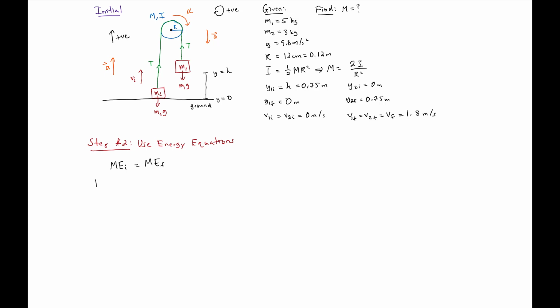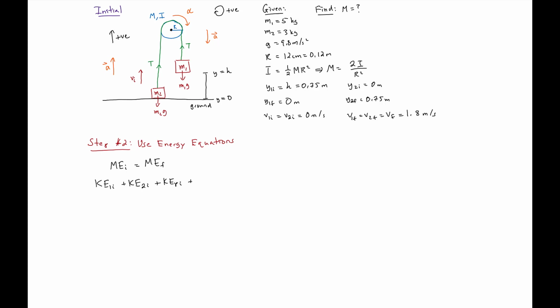So we have KE, the kinetic energy of the first mass initially, the kinetic energy of the second mass initially, and the kinetic energy of the pulley initially.